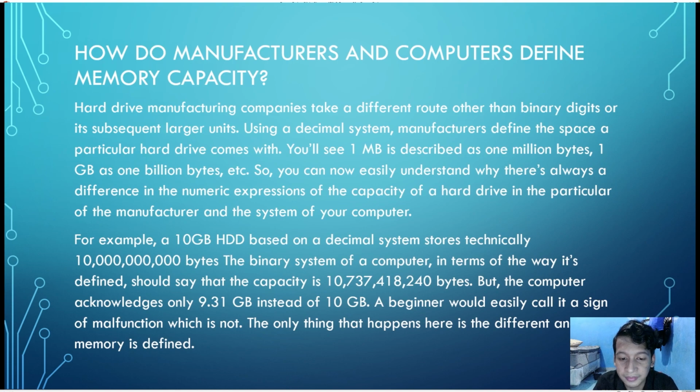The binary system of the computer, in terms of the way it's defined, should say the capacity is 10 billion 737 million 418,000 204 bytes, but the computer acknowledges only 9.31 GB instead of 10 GB.